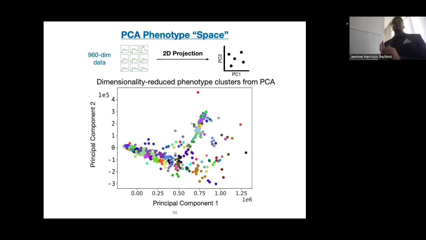And I believe your question, Patrick, is essentially what kind of observables are captured in those singular vectors. Generally, I believe that those singular vectors encode for the time series traces that are most aligned with these 960 dimensional vectors.